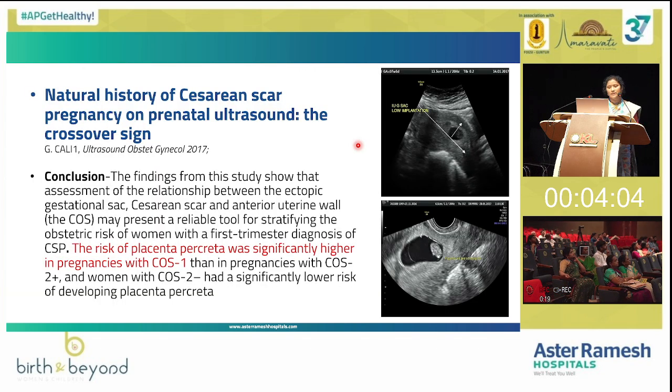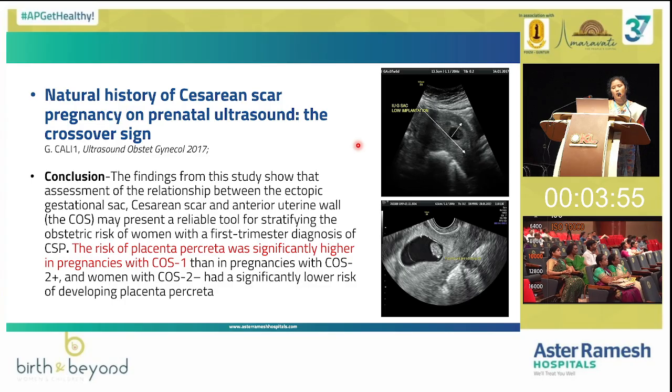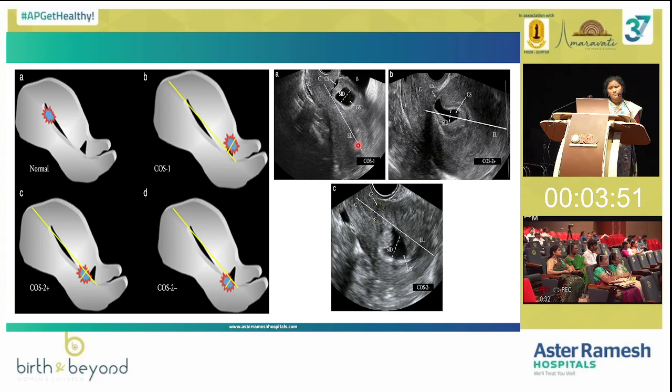They have reported that the risk of placenta percreta was significantly higher in pregnancies with COS 1 than in pregnancies with COS 2 and COS minus 2. So if we see a gestational sac implanted completely in the uterine scar, we need to counsel her that she has a chance of developing accreta if she continues the pregnancy.